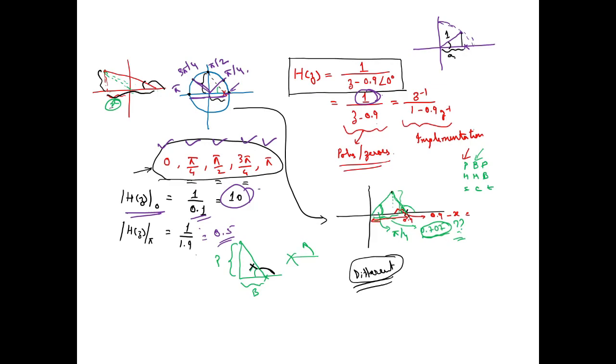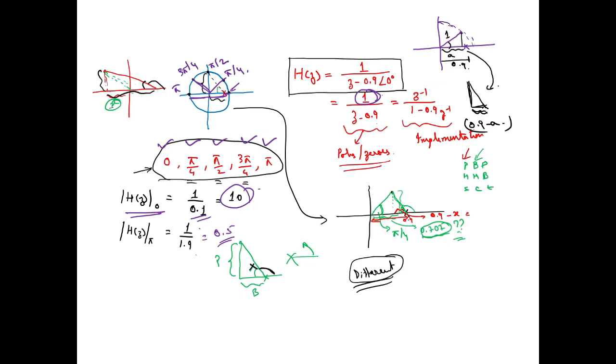Say for example this is A. This distance is 0.9, so what will this distance be? 0.9 minus A. You get this one.